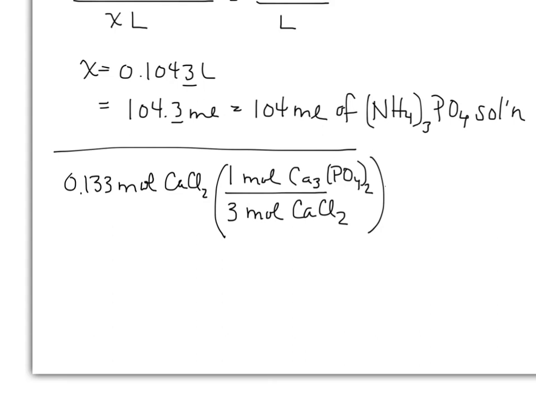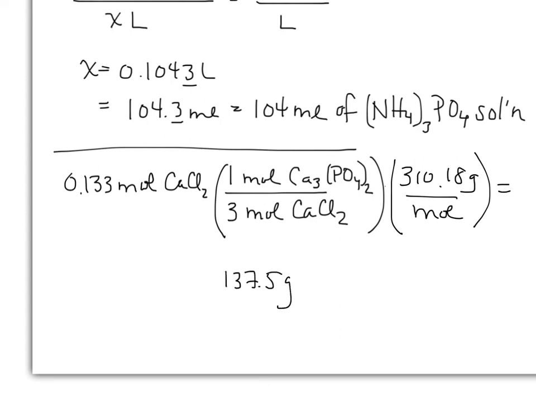So because we're asking for the mass of the product, now we can multiply by its molar mass, which happens to be 310.18 grams per mole. That's the mass of calcium phosphate. And what we get is 137.5 grams.